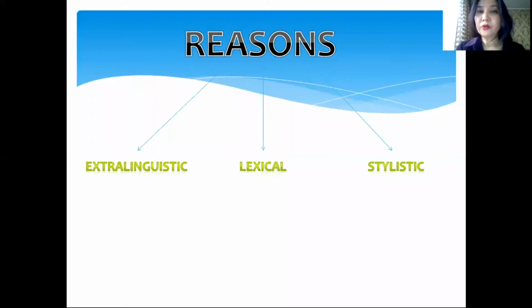Let's talk about the reasons for using equivalent lacking words. They may be various. The first one is extra-linguistic. Here we say about the lack of a similar notion in the target culture and language. For example, let's take the Kazakh word sohum. Kazakh people know what it is, but the English do not know this.